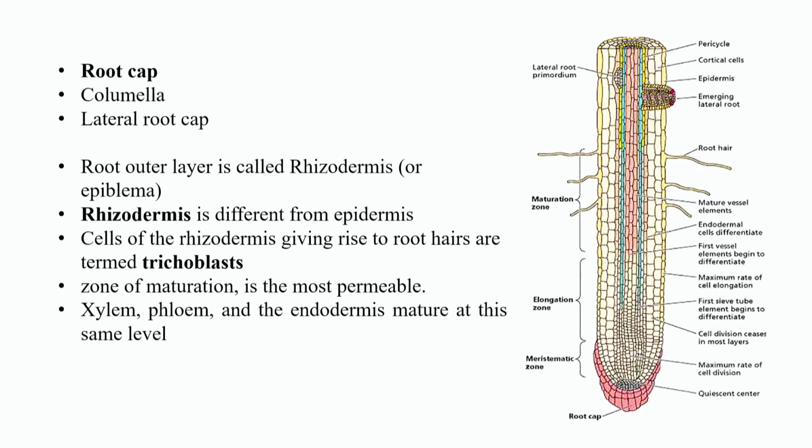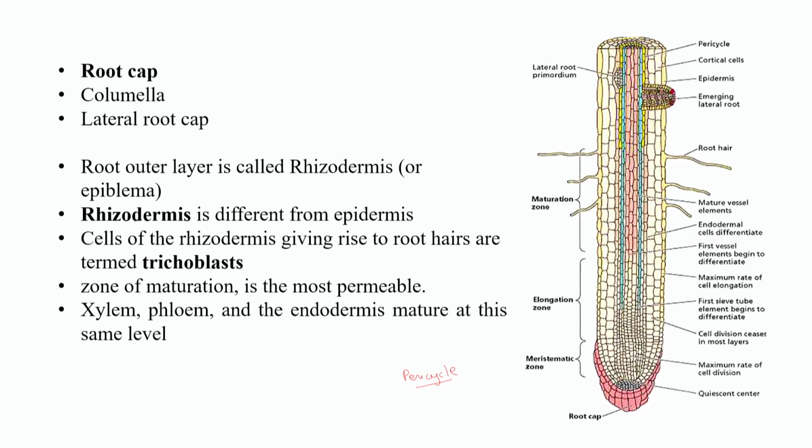Then when it comes to the zone of maturation, you can see fully mature vessels with thick walls, and root hairs are coming, and after that you will see formation of lateral roots also. We have discussed that in roots, pericycle is the place where lateral root formation takes place.